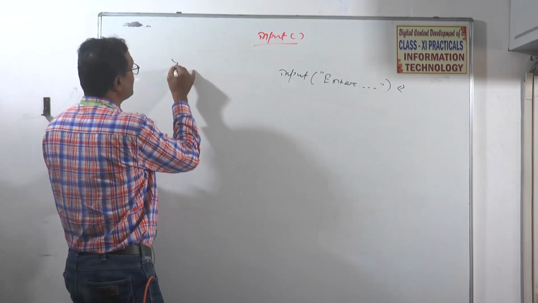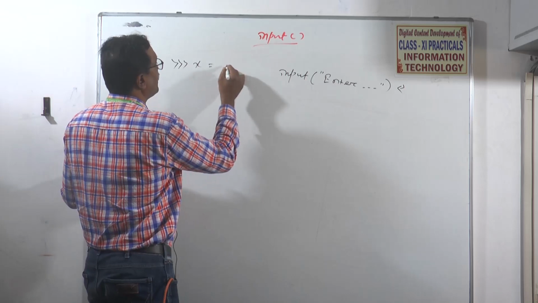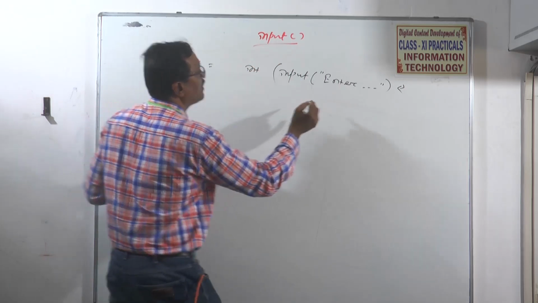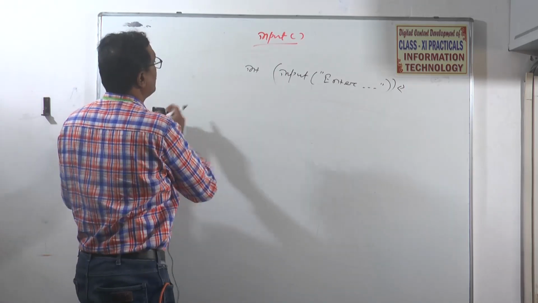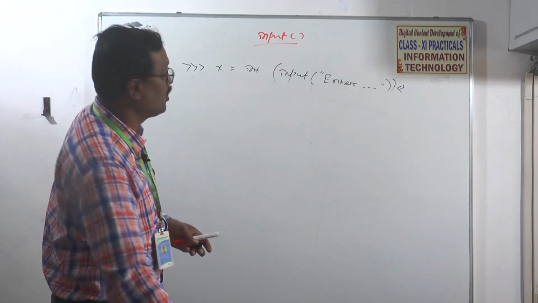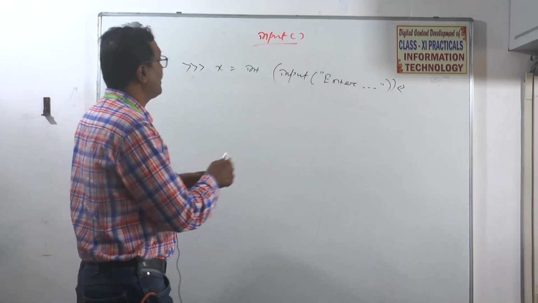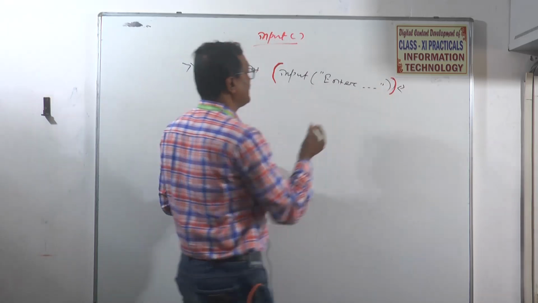So I am writing here, this is the ideal screen here. x is equal to int, like this. Check whatever I did. Yes, you see. What I did here, this one I am making in the red marker, so that you can get it.